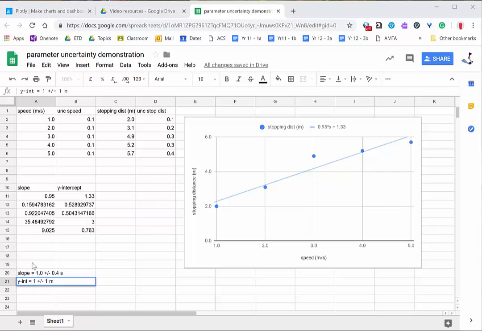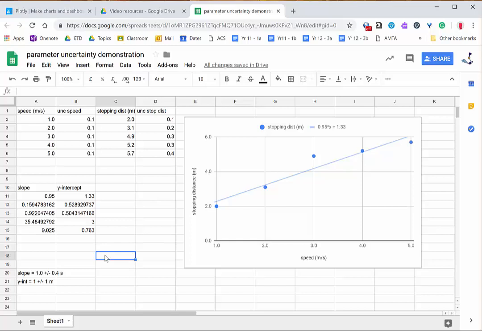What having these values means is that you can interpret your data, the physical representation, what that slope and y-intercept mean physically, and actually say whether it fits with what you're expecting and be quantitative about that comparison.